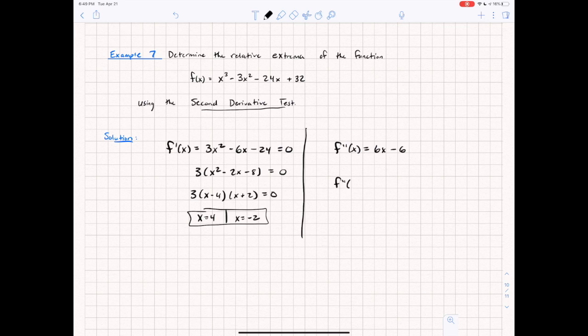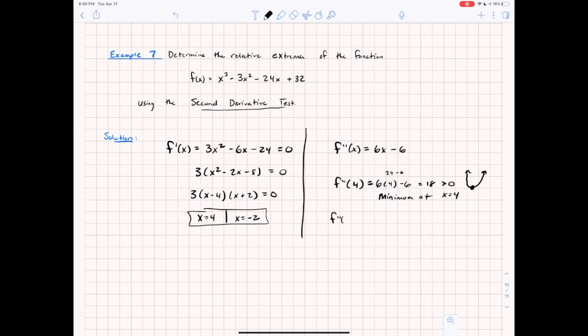So f double prime of 4 would give me 6 times 4 minus 6. Well, this is 24 minus 6, or 18. That is greater than 0, so that is implying that my graph is concave up. Therefore, there is a relative minimum at x is equal to 4. It's the bottom of that valley, right?